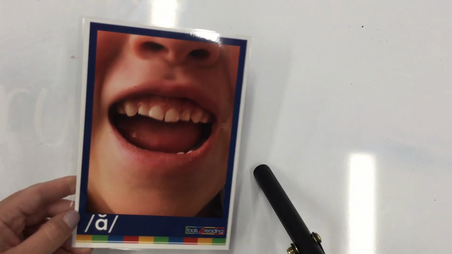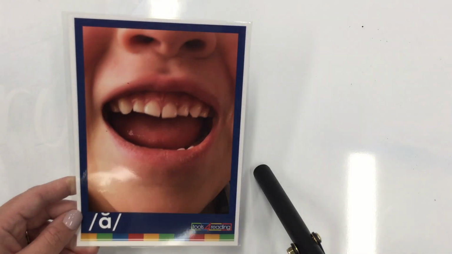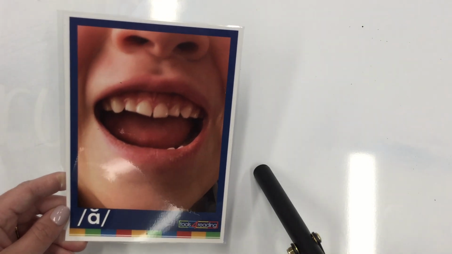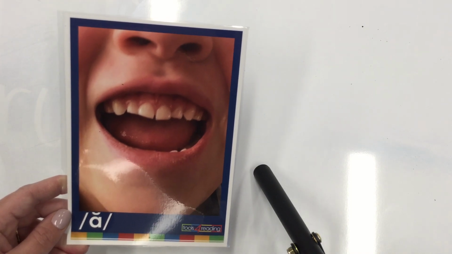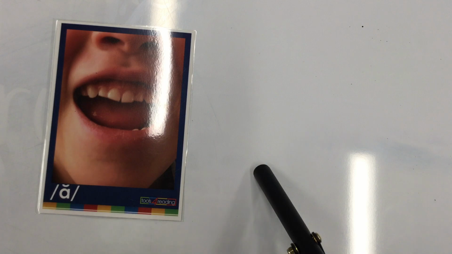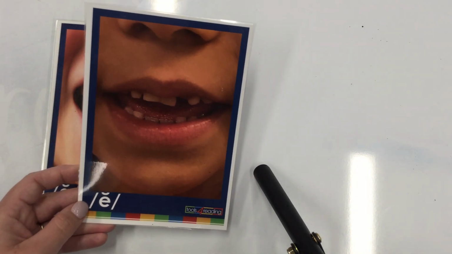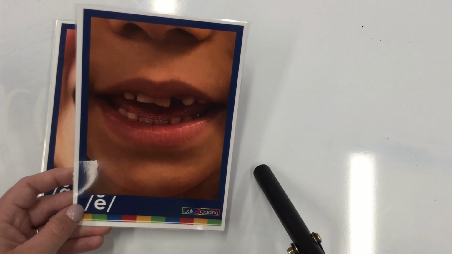So remember, let's do short A. Short A says ah. Look at the mouth. Is your mouth doing like this? Short A. Let's do short E. Eh. Make sure your mouth's doing that.